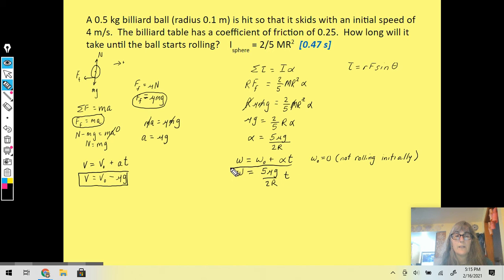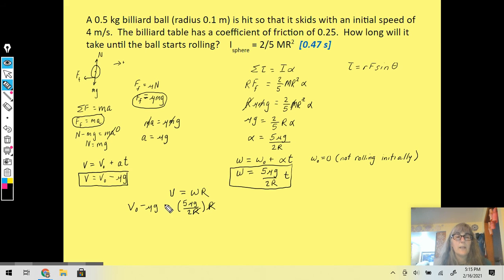And that's the other magic equation that we needed. So now we take those two equations and plug them into this: v is equal to omega r. So we have v0 minus mu g is equal to omega, which is 5 mu g over 2r times r. And now those r's cancel, which you had a suspicion was going to happen.